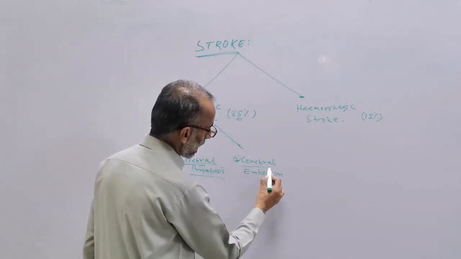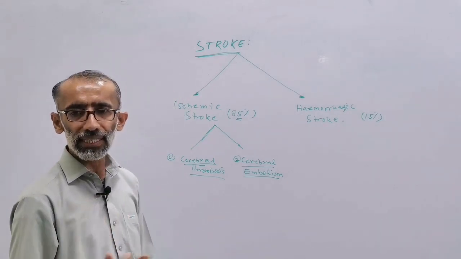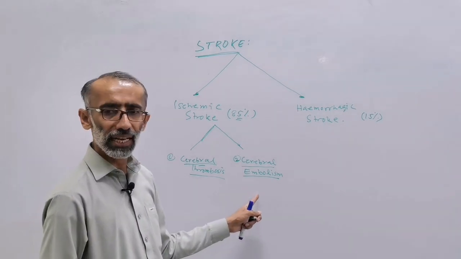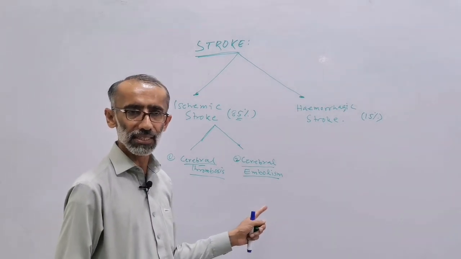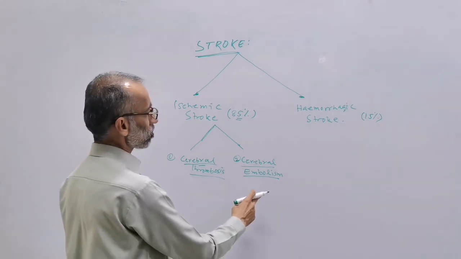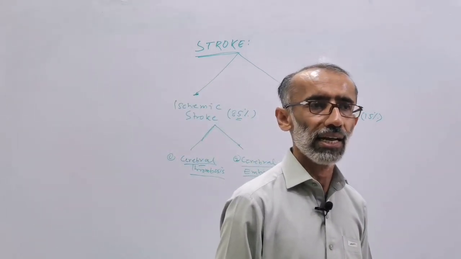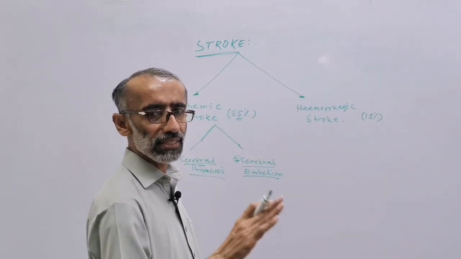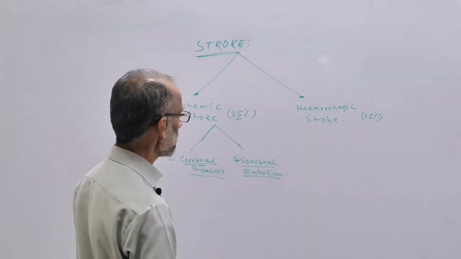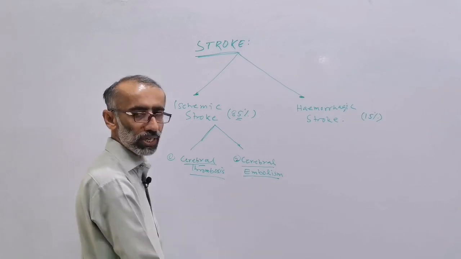Cerebral embolism is due to a wandering clot or stray clot that forms elsewhere in the body, such as in the heart or in the carotid artery, and it will travel through the vessel and block that particular vessel leading to the brain, resulting in ischemic stroke due to embolism.